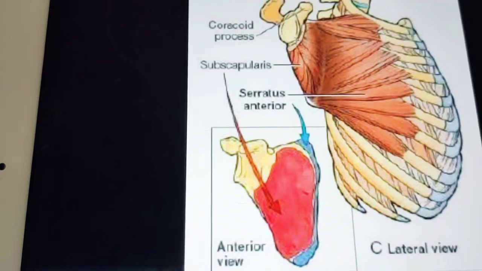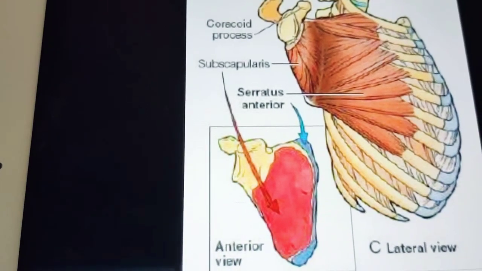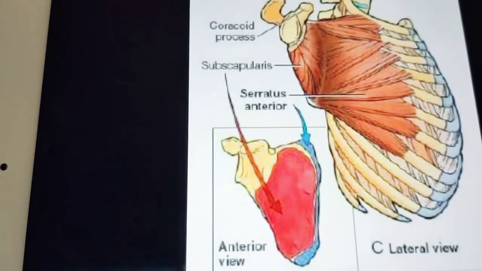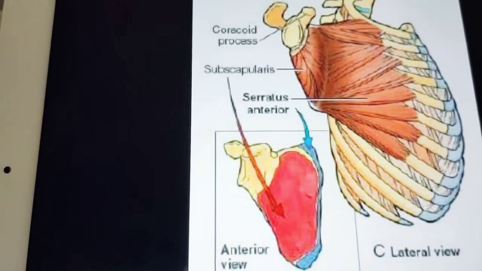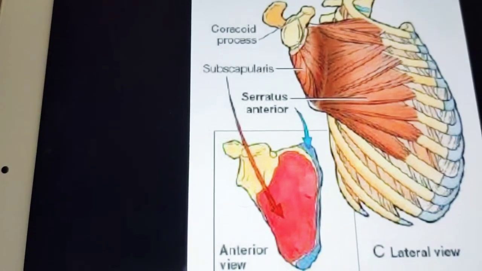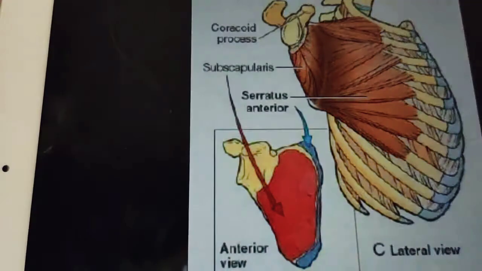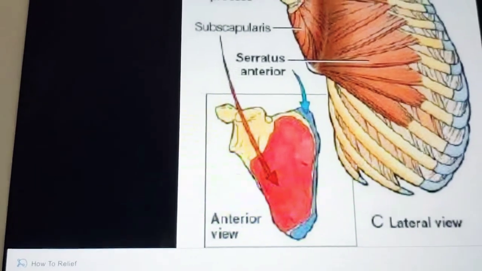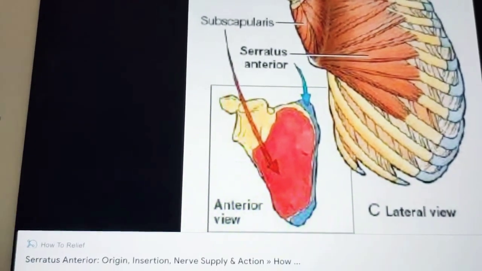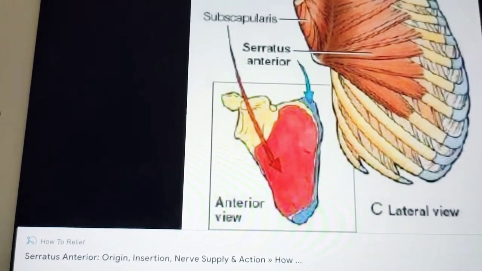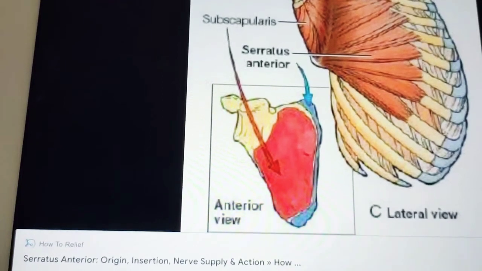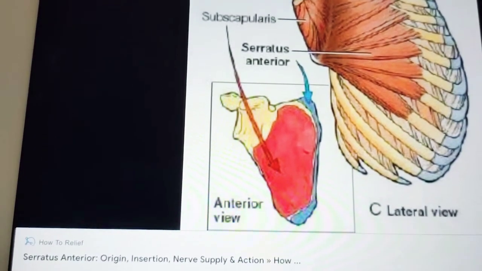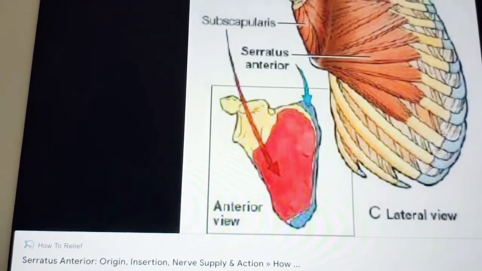Paralysis of serratus anterior produces winging of the scapula, in which the inferior angle and the medial border are unduly prominent, and the patient is unable to do any pushing action, nor can he raise his hand above the head. Any attempt to do the movement makes the inferior angle of the scapula more prominent. What is the clinical testing? Forward pressure with the hand against the wall. Just do it, you can feel the scapula, or against the resistance offered by the examiner.